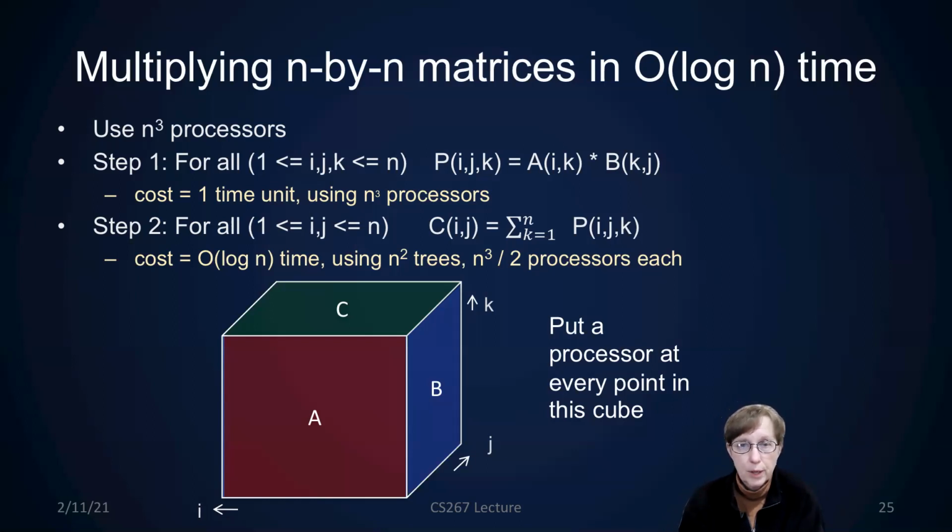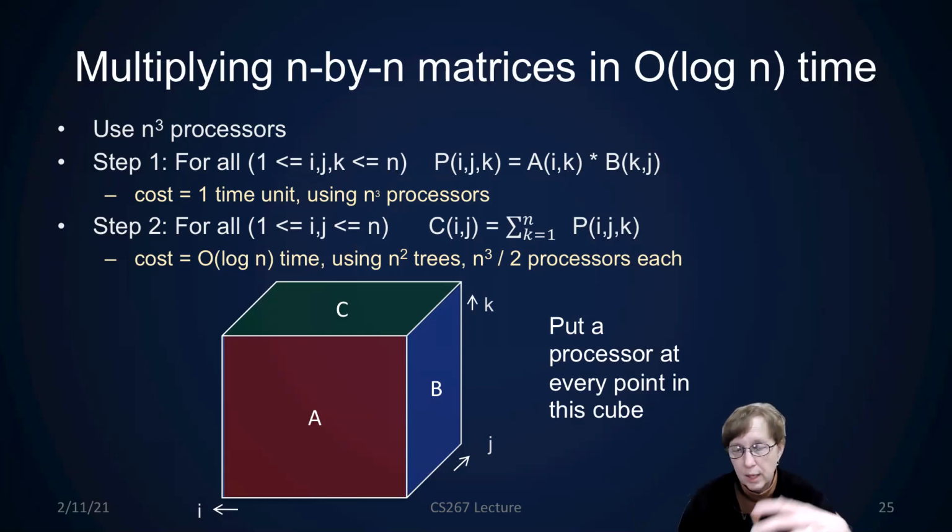Using those n cubed processors, in a single time step, so in constant time, we can multiply each of the A_ik and B_kj elements, one element from A and one from B, to get a value that sits there as a temporary, which we're calling P_ijk, in the middle of this cube. The second step is we have to do a reduction on all of the vertical pencils in order to get the output value C. That can be done in log n time using n squared of these trees.